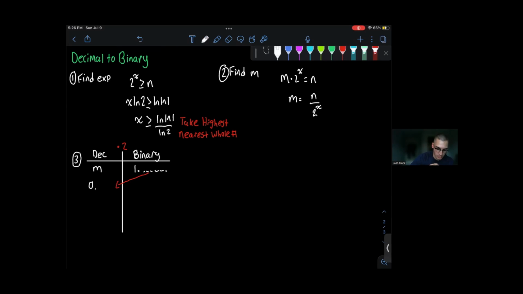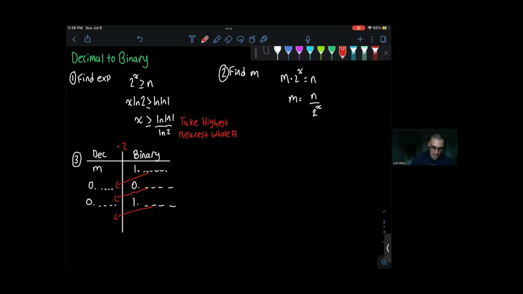Now our decimal is 0 point, whatever was following the 1. We multiply that by 2. Let's pretend we get 0 point some numbers. We're then going to take that number, bring it to the decimal side, 0 point, blah, blah, blah, and multiply that number by 2. Let's say we get 1 point some numbers. We bring whatever's behind the decimal to the right-hand side.